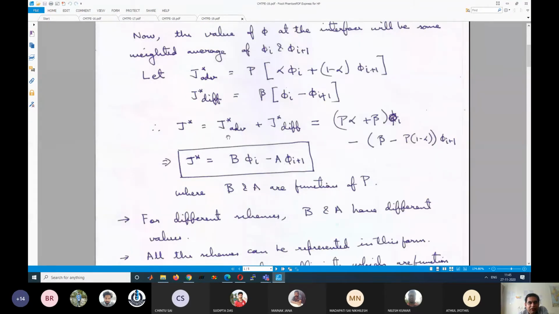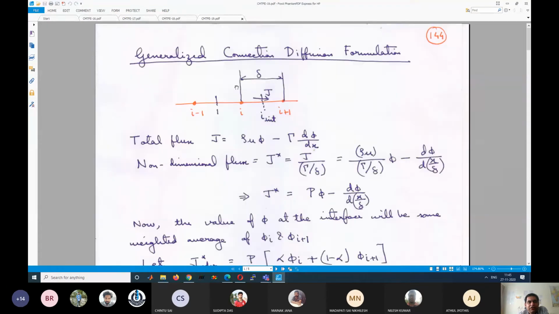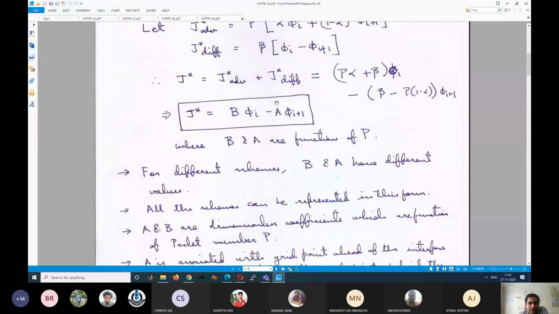I can find B, because always B is equal to A plus P. Similarly, if you know B, you can find A. Okay, so only one of the values is needed.